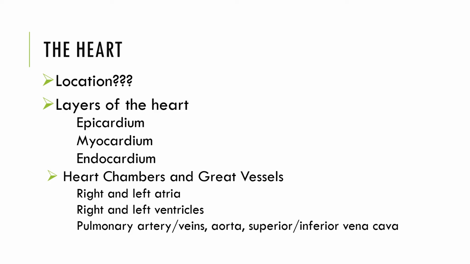You have the right and left ventricle, which are on the bottom. Then you have your pulmonary artery, which is off of the right ventricle. You have veins, which come from the lungs. You have the aorta, which is off of the left ventricle, and your inferior vena cava, which is coming from the body.